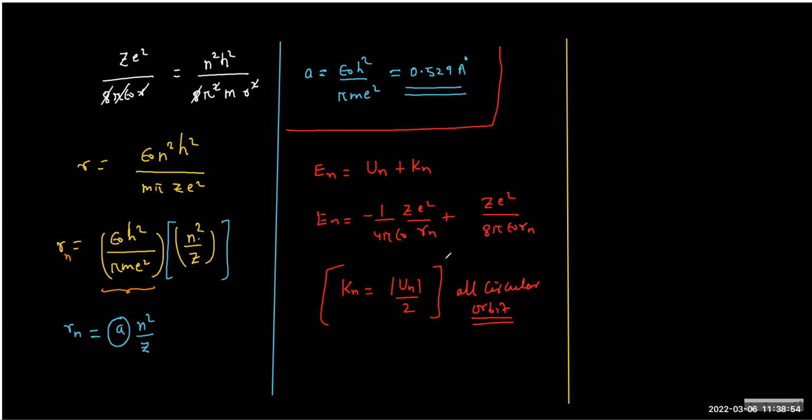So we can just write it down. En equals minus Ze square upon 8 pi epsilon naught r. So this is the total energy of any orbiting electron as per the Bohr's postulates we have derived.